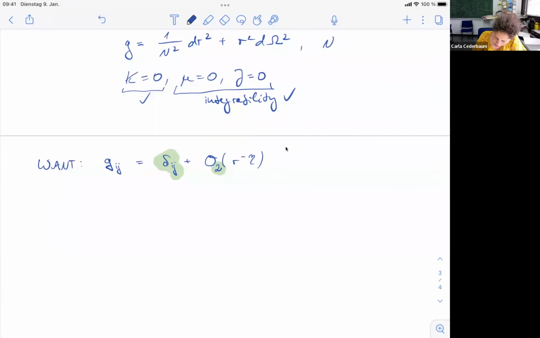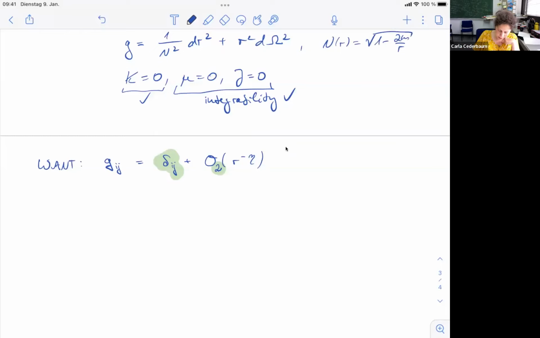And maybe I should write that n was 1 minus 2m over r, take the square root. Now I need to switch into some Cartesian coordinates related to these spherical polar coordinates in the Schwarzschild metric.